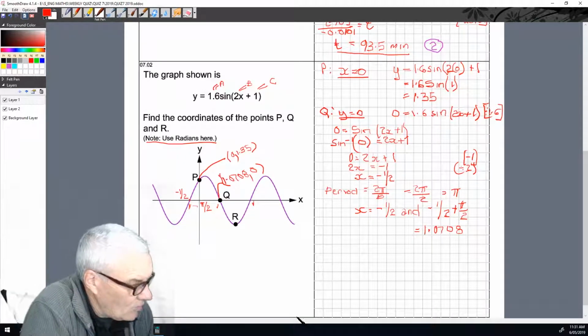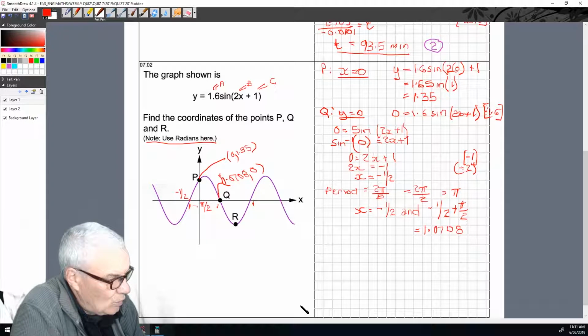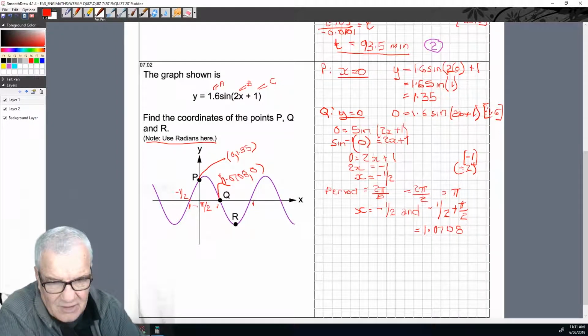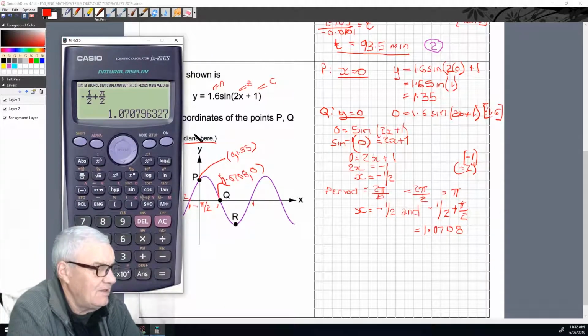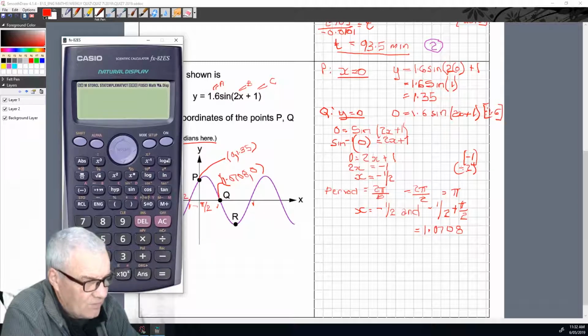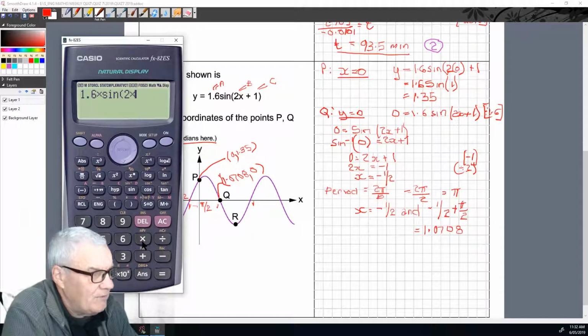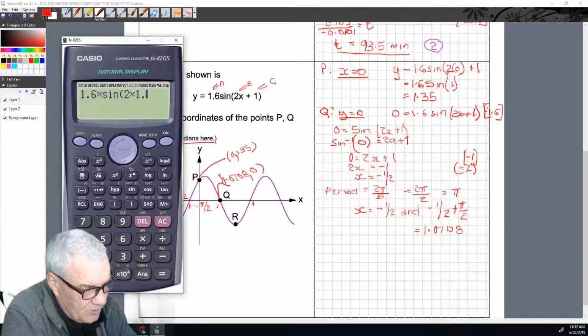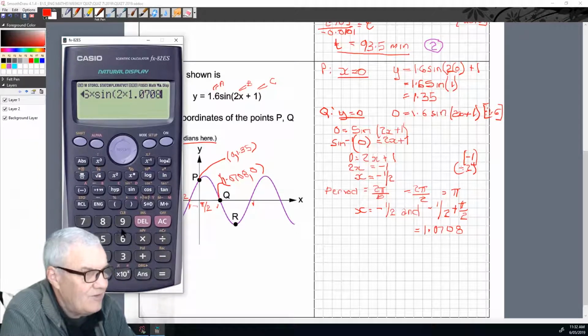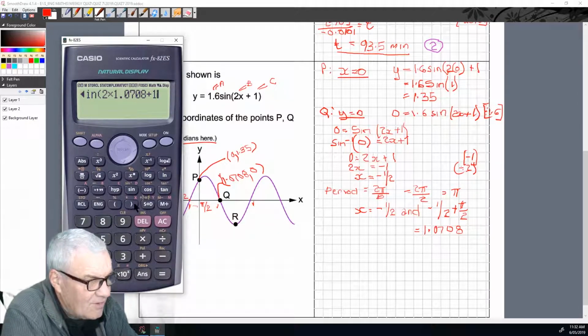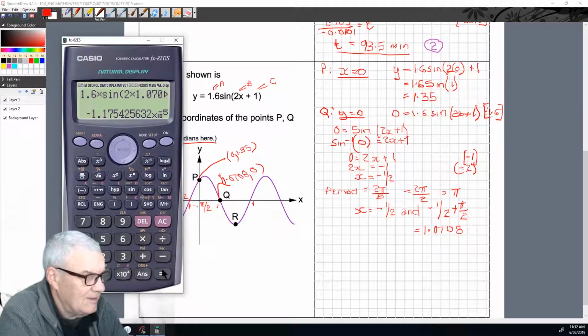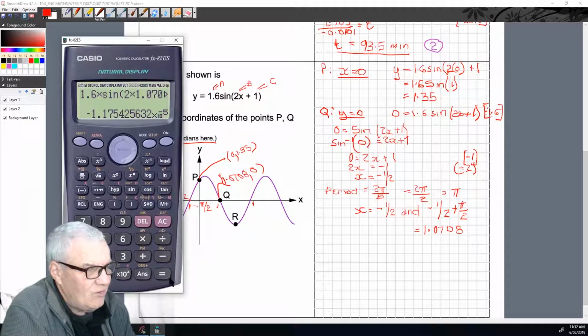Okay, so just to check that out, let's bring our calculator back here and go all clear. 1.6 times sine 2 times 1.0708 plus 1, close the brackets, equals negative 1.1754256 times 10 to the negative 5.